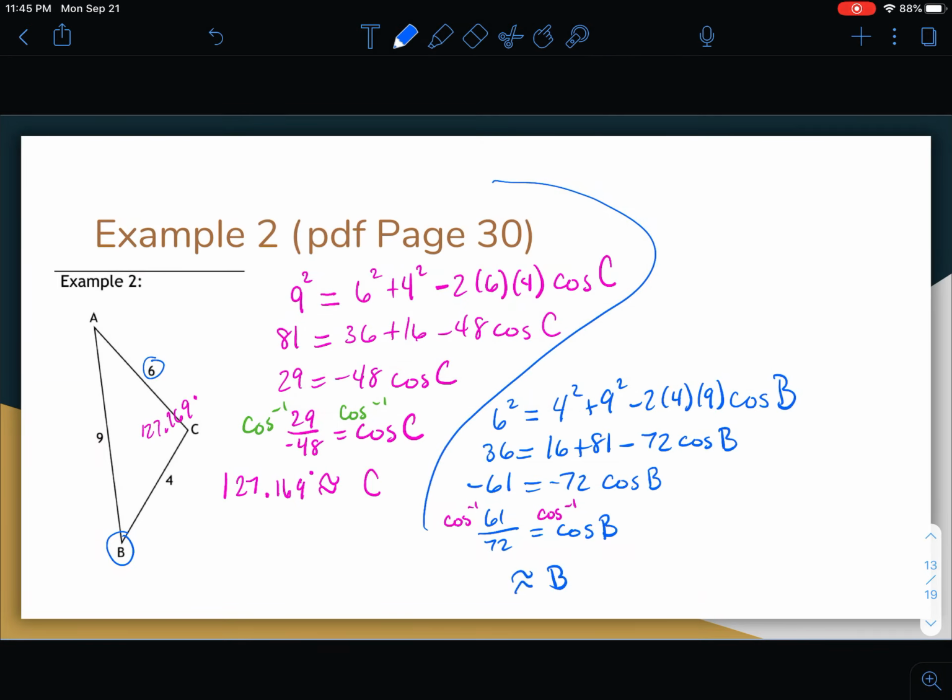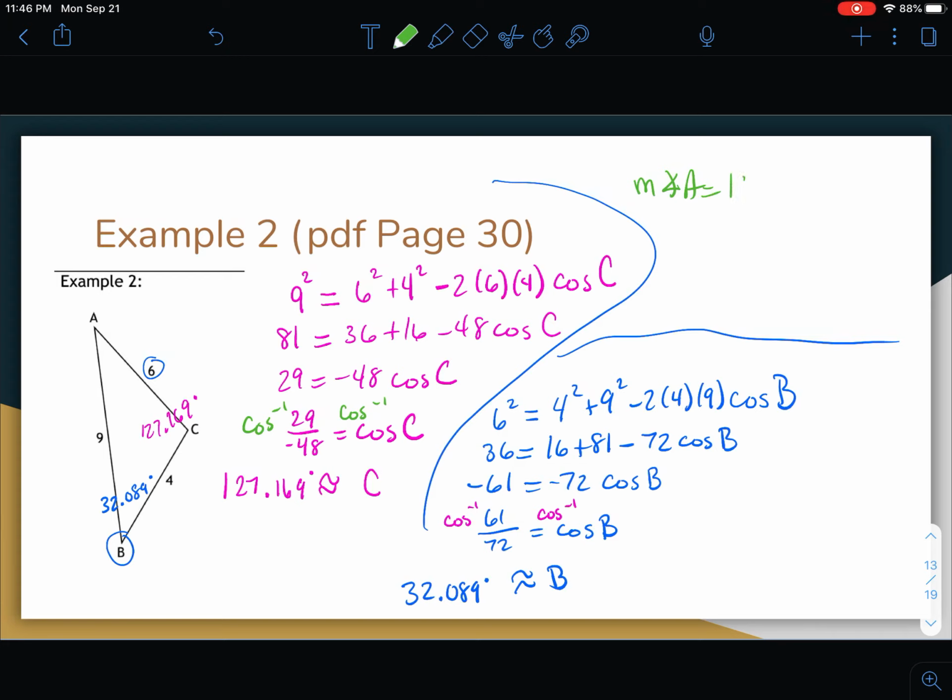So this leaves us with angle B, which is approximately equal to 32.089 degrees.